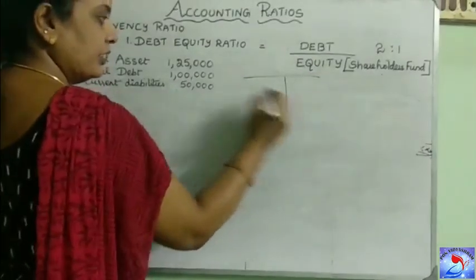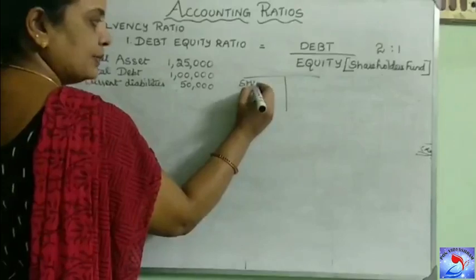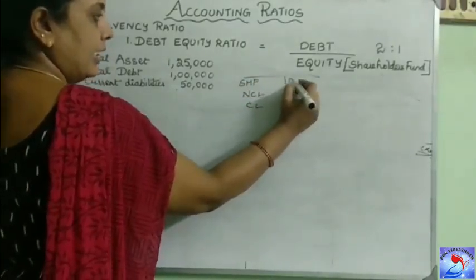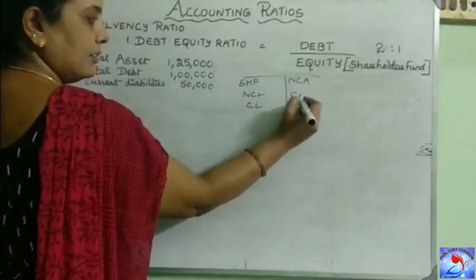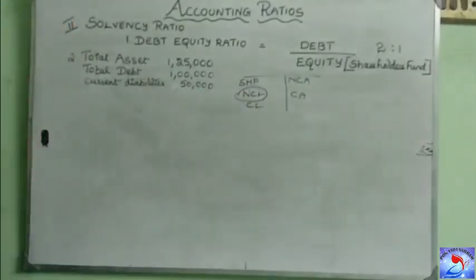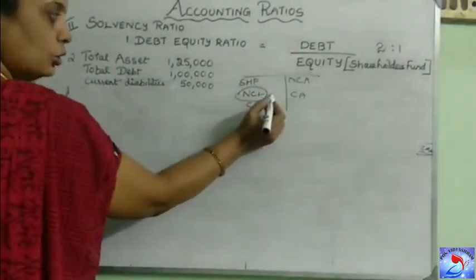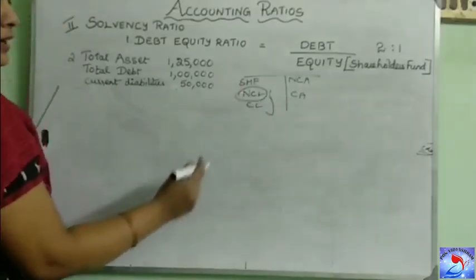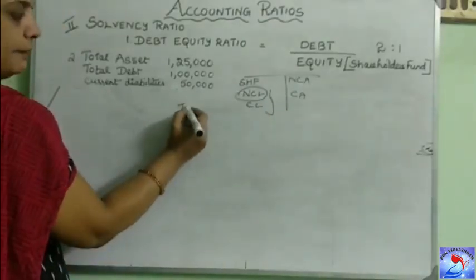As I said, children, it is shareholders fund, non-current liability, current liability, and the total asset is non-current asset, current asset. Now, in debt we have to focus on the non-current liability. See, total debt is non-current and current liability. Is it not?